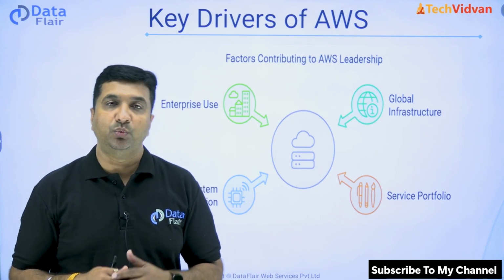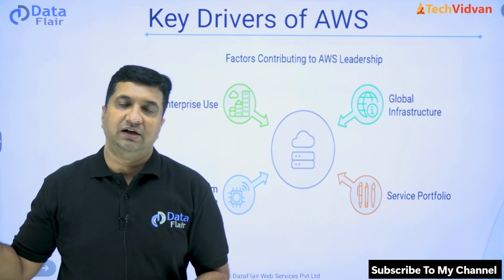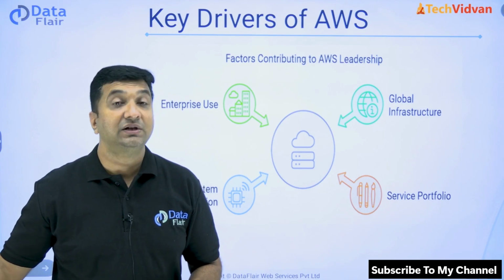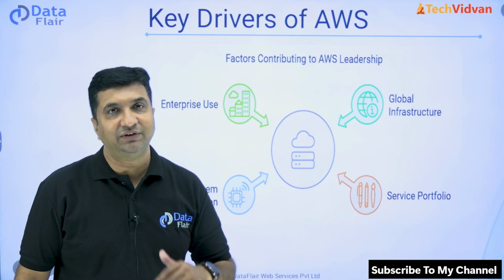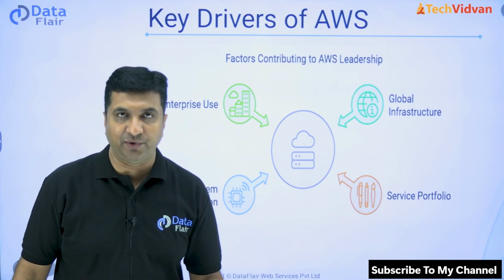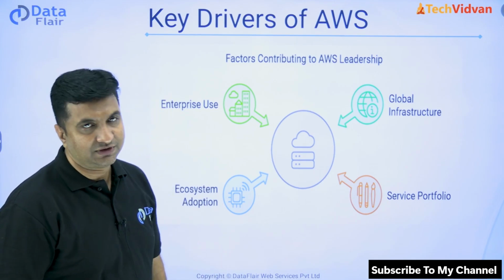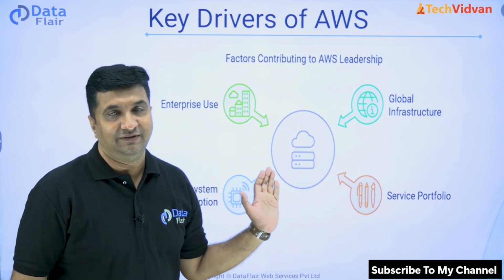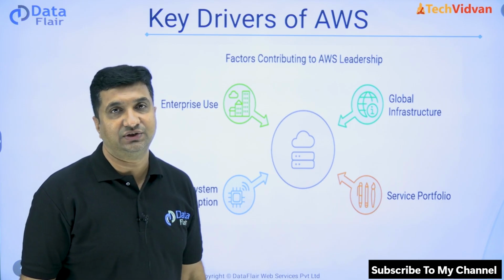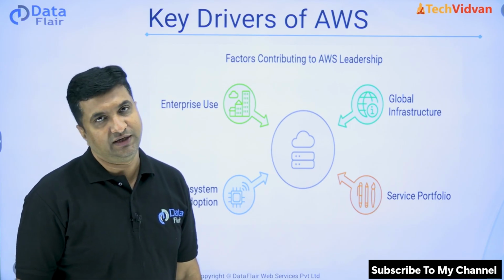You can work as it is, as we were working on-premises, but with ease, with low cost, with scaling capacity, with higher privacy and security. So I hope you are getting the key drivers which make AWS very popular among different organizations.